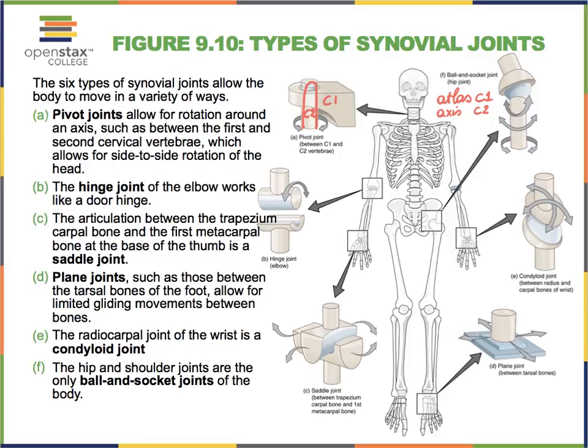And as I said, I hope that you guys can learn the other ones. Certainly the ball and socket joints are very easy for you to understand, and they're illustrated right here.